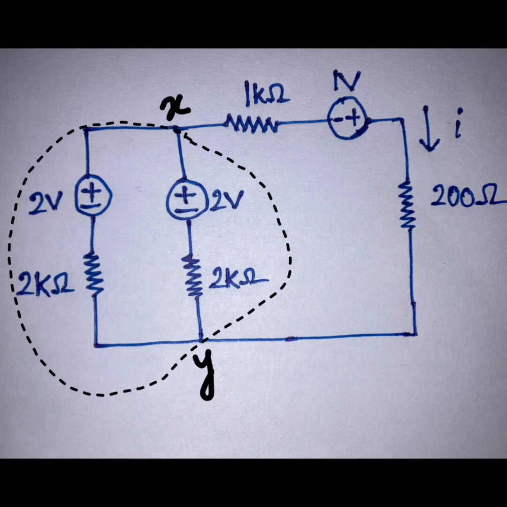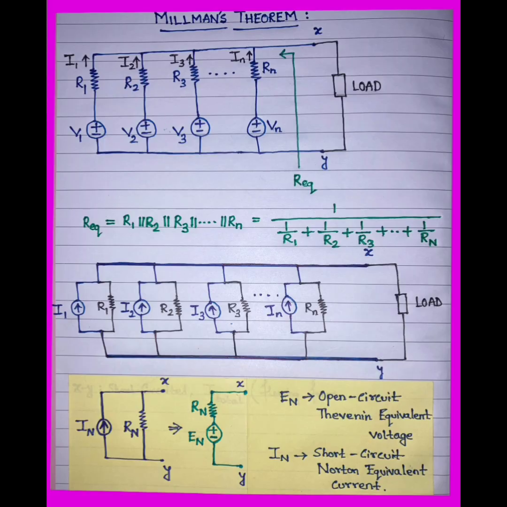We can easily apply Millman's theorem across these two nodes. So let's first discuss what Millman's theorem is, and then we can solve it easily. Here is Millman's theorem, where there are n number of voltage sources in parallel, and each of the voltage sources has an impedance of R1, R2, R3 and Rn respectively.